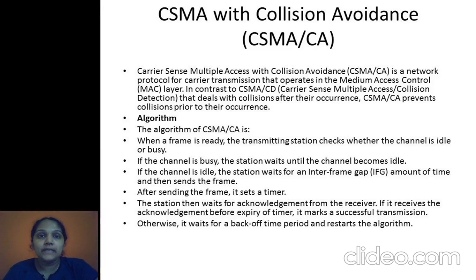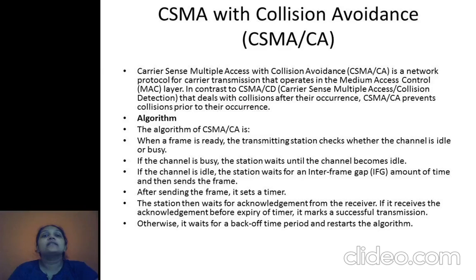And the next thing is, if the timer is complete but still the acknowledgement is not received by the sender, then the sender understands that it has to give the back off time period to restart the algorithm.